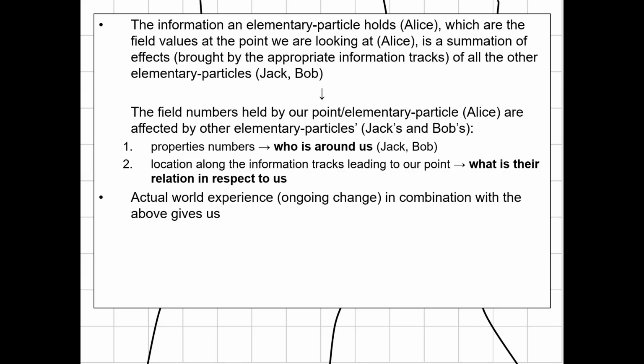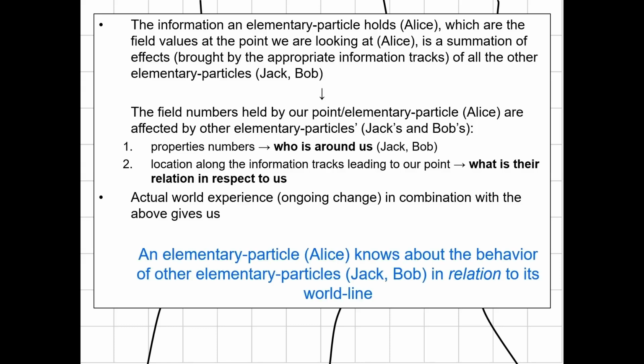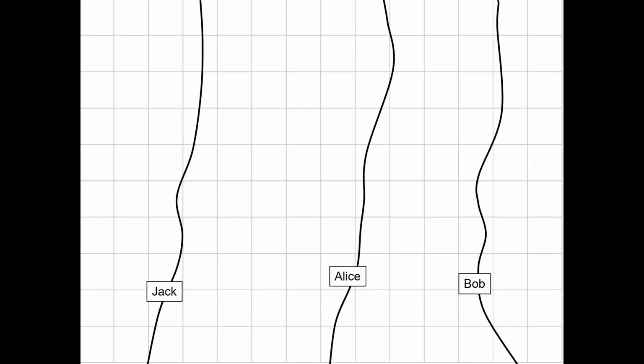Now, if we combine this knowledge with actual world experience of ongoing change, we can summarize and say that an elementary particle knows about the behavior of other elementary particles in relation to its world line. So the knowledge that Alice has about reality is of the existence of Bob and Jack and the relation between its world line and their world lines.